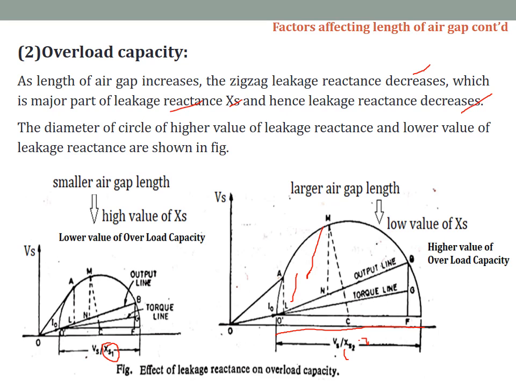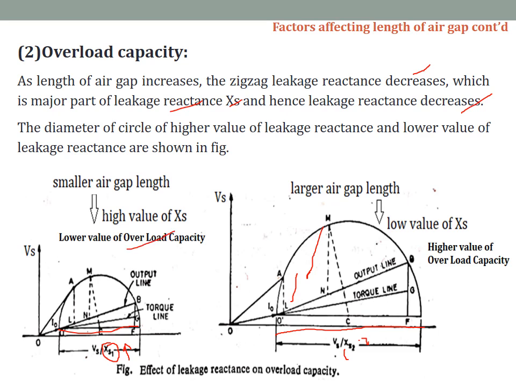When the air gap length is small, the zigzag leakage reactance increases, and the excess will increase. This leakage reactance will increase. Because of that, the diameter of the circle diagram will be less, and because of that, overload capacity decreases. You will get a lower value of overload capacity.